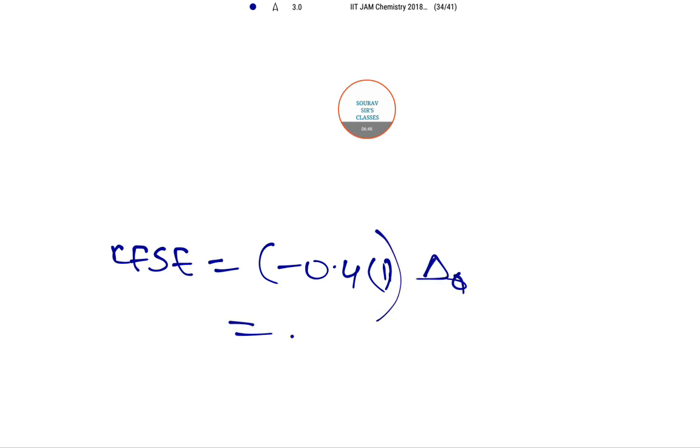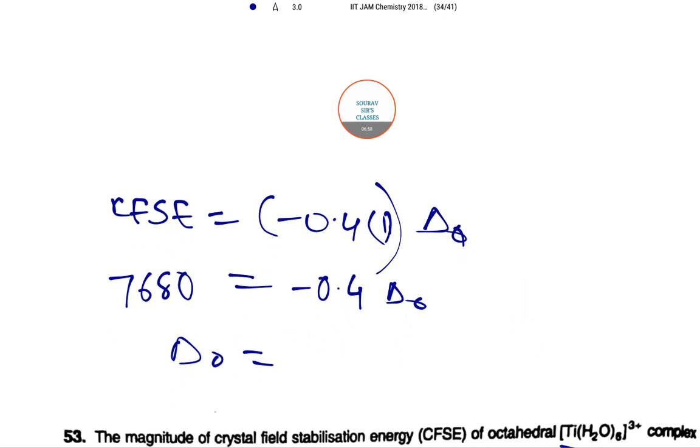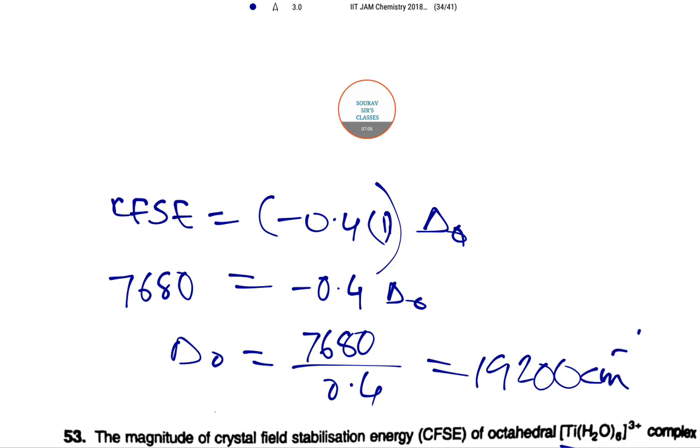So the CFSE will be minus 0.4 del naught, and it has been given as 7680, so the value of del naught will be equal to 7680 by 0.4, which is equal to 19200 centimeter inverse.